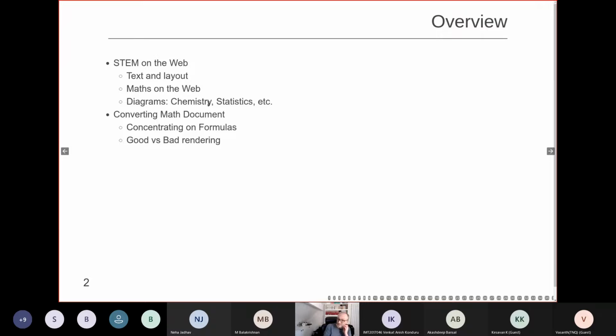Then we'll start converting a couple of simple math documents, and we'll look at the difference when we convert them directly, and when we then actually want to use them and make them accessible in the sense, as we've discussed before, that the structure is there, that the reflow of the page works, and so on and so forth.